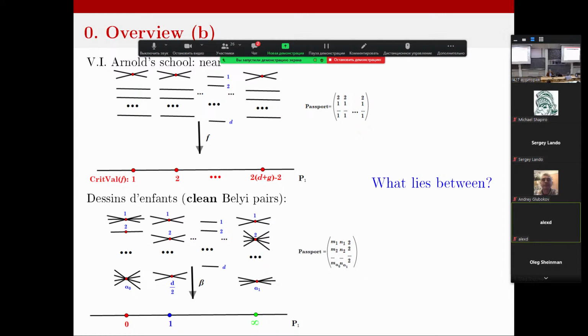Yes? I was always puzzled. Why do you call this clean Belyi pairs? I would choose pure. Oh, I have discussed it with English-speaking people, and was told that both words are good for this situation.